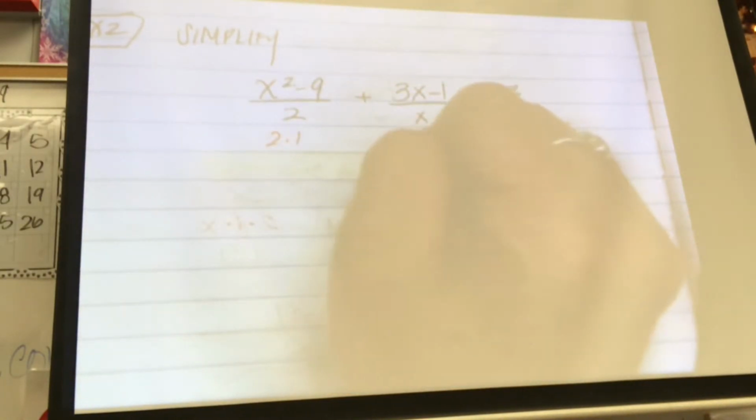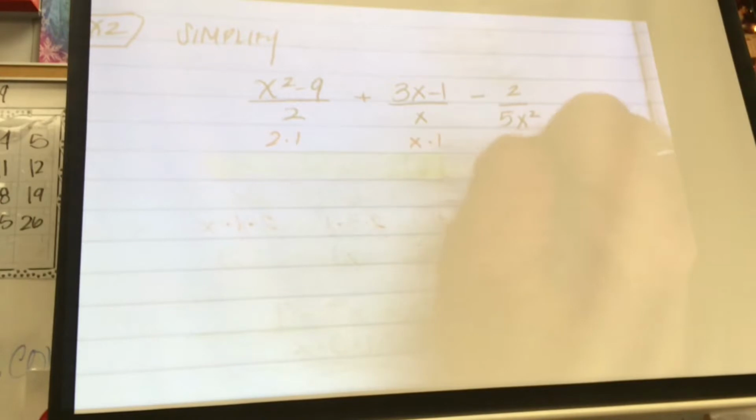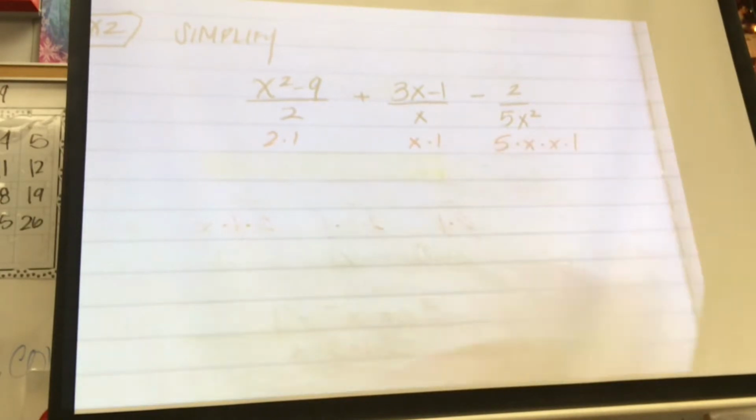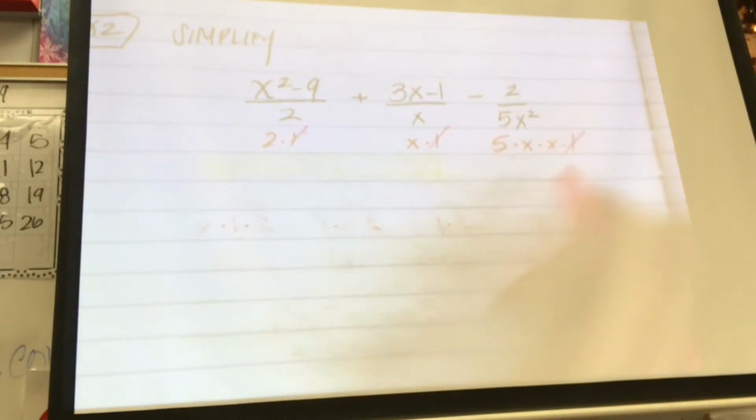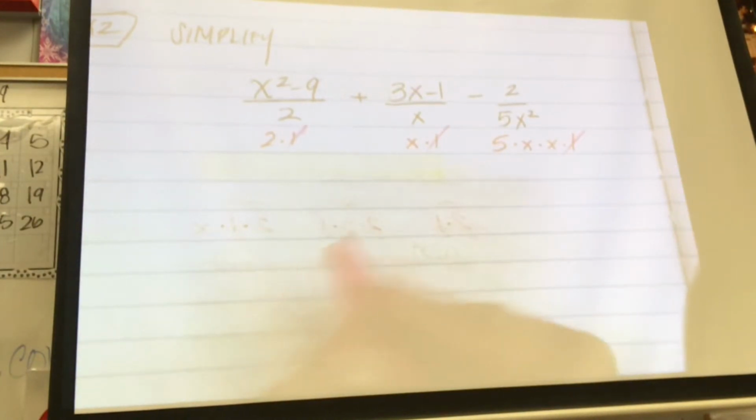This is just x times 1. And this is 5 times x times 1. Let's highlight what they already have. What do they already all have? A 1. It's going to become redundant. You're going to get to the point where you don't even need the 1.